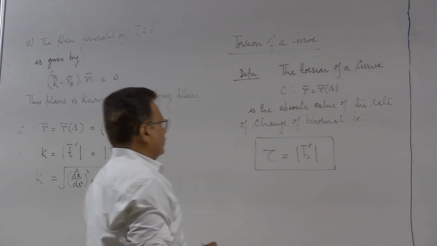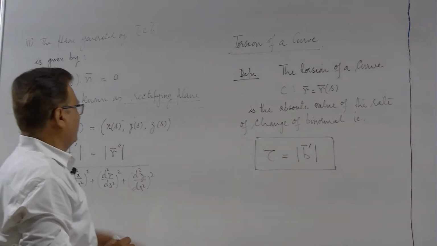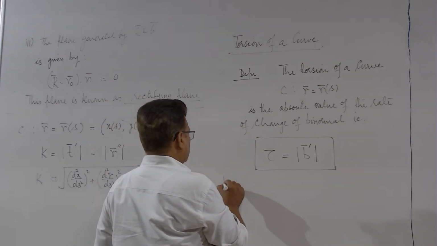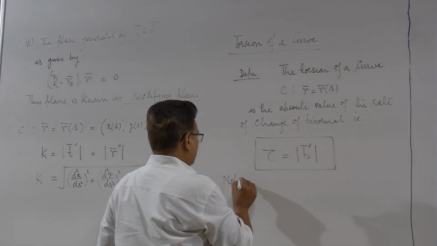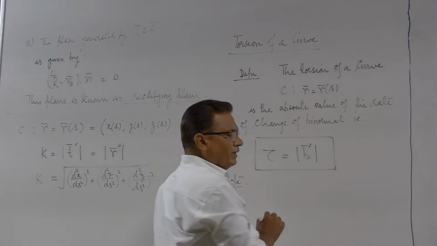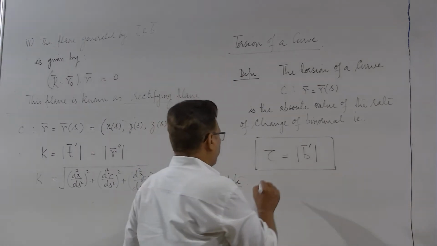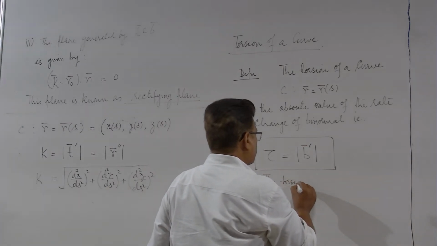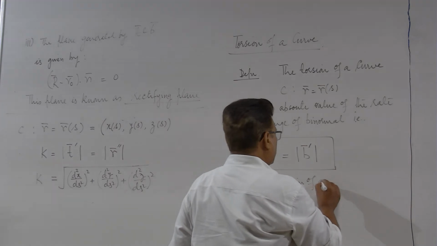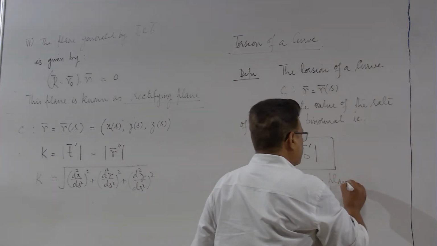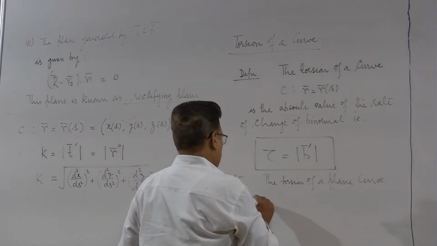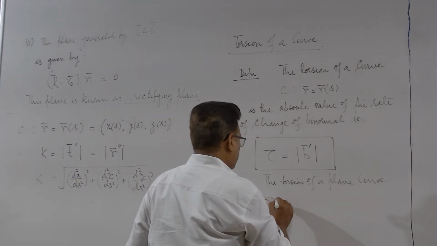Okay. An easy observation from here, a point to be noted down, is that the torsion of a plane curve is 0 at every point.